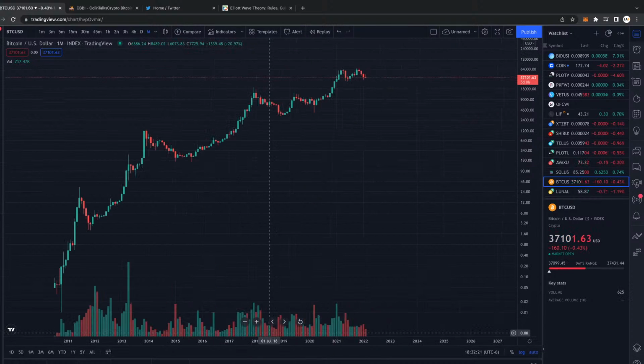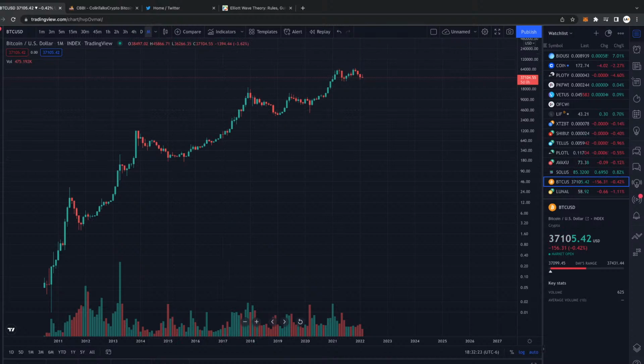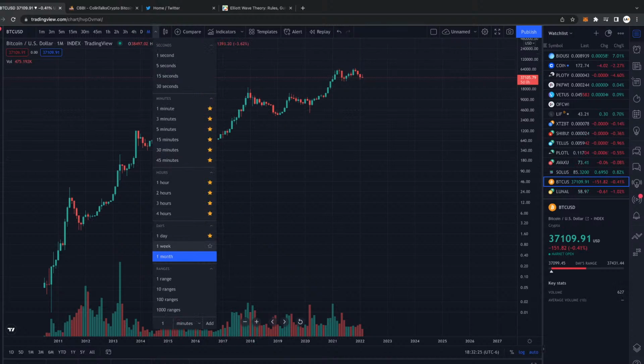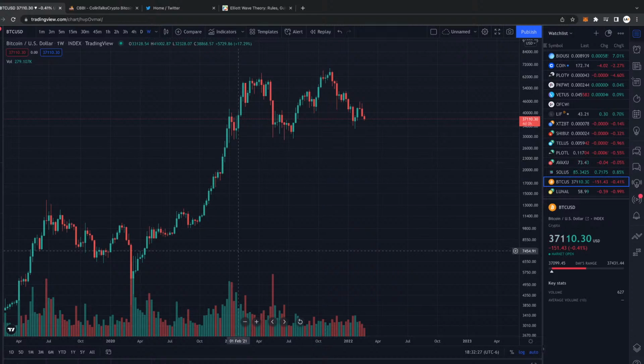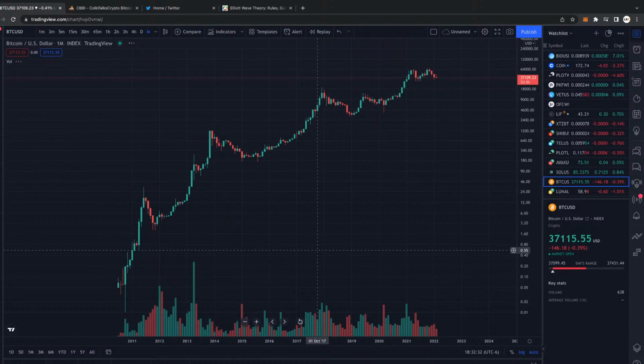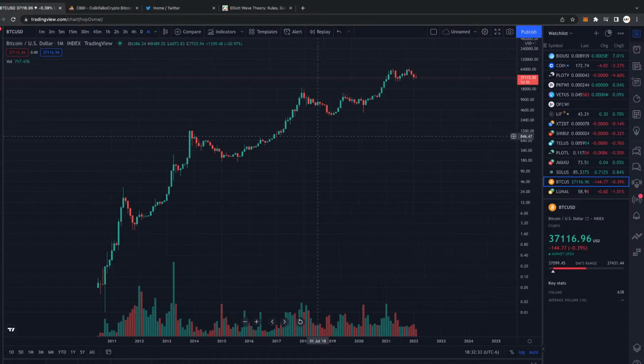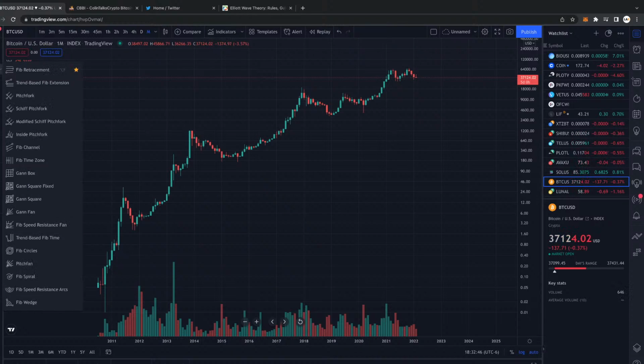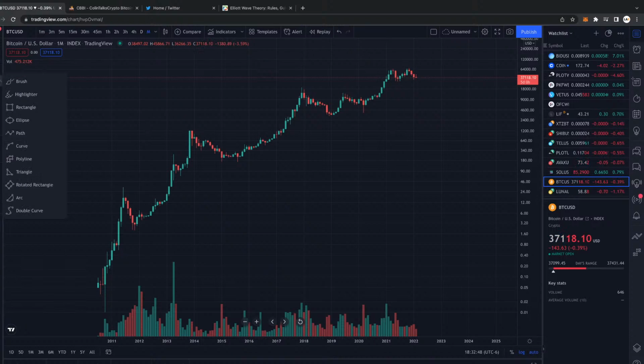We're on the monthly chart. Let's go to the weekly. Maybe we'll go back to the monthly to draw it. Everything back here, I am not going to include in this chart. I'm going to put a box around it to show you where I'm going to start my count. Here we go, rectangle.